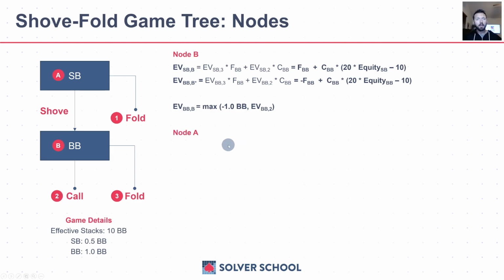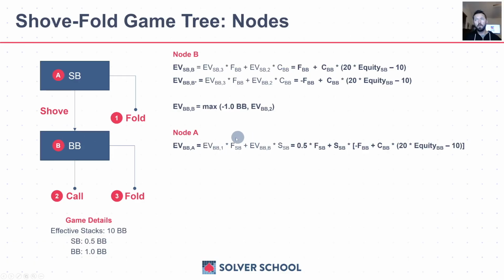Now moving back a node to point A, we can do the same thing by looking at point A. And we'll start with the big blind here, and we can say that the EV of the big blind here at point A is going to be equal to the EV of the big blind at point 1 times the frequency at which the small blind folds, plus the EV of the big blind here at node B times the frequency at which the small blind shoves.